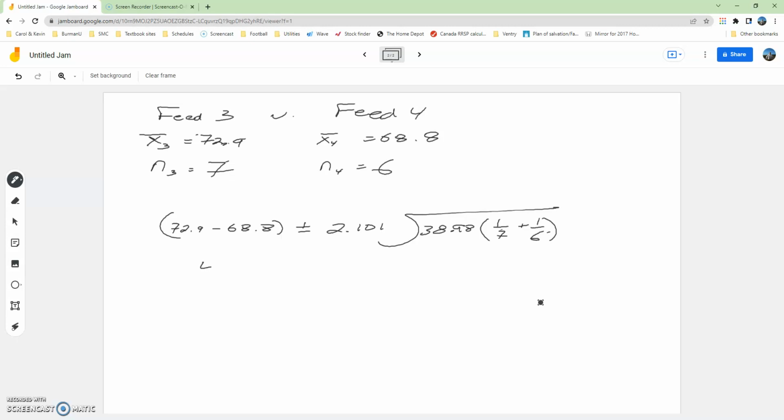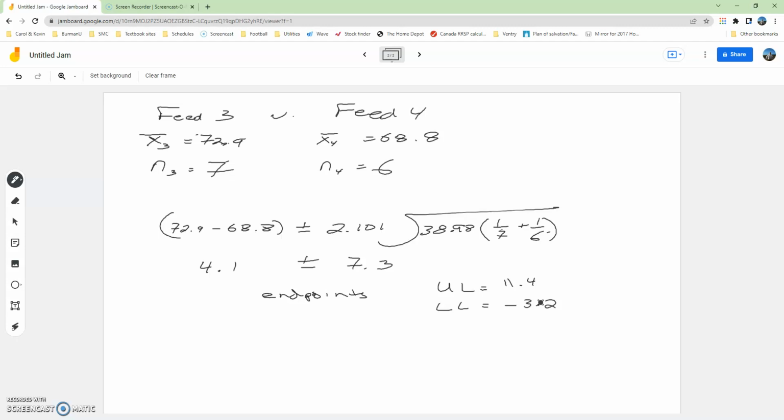This results, the difference is 4.1 plus or minus 7.3. When we find the endpoints, the upper limit is going to be 11.4. The lower limit is going to be negative 3.2.